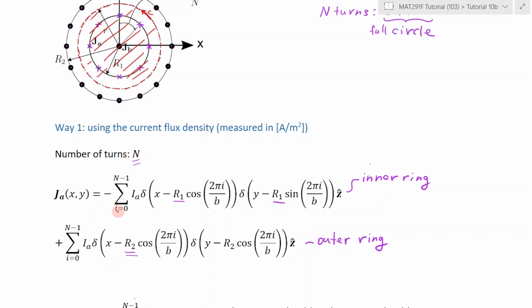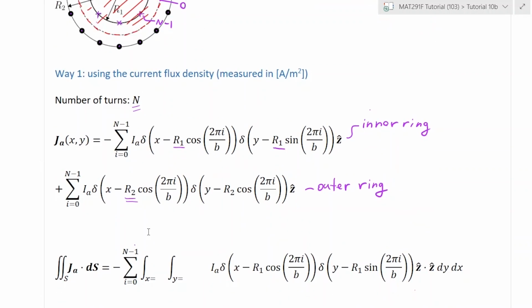So as I iterate from I equals 0 to n minus 1, I would describe the current densities of each of these filaments one by one, all the way up to this one, which would be indexed with n minus 1. Okay, so this is the current density.